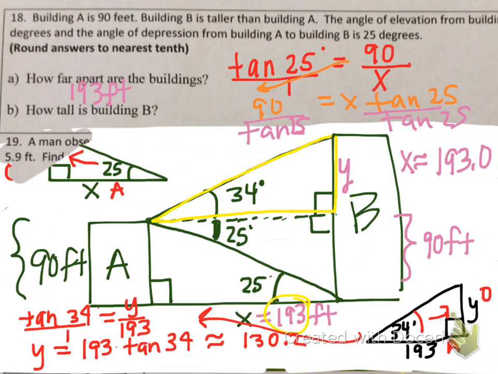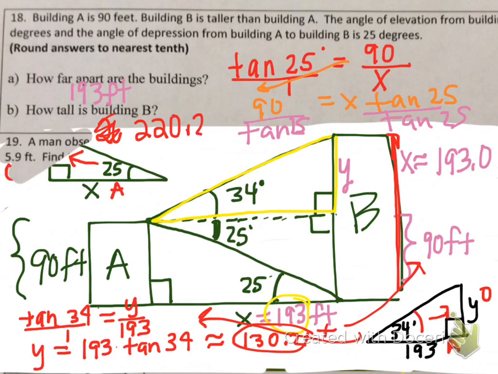So, in order to find the entire distance from top to bottom for building B, I would have to take that answer and add the 90 feet to it. So if I take 130.2 and add 90 to it, that would give me approximately 220.2 feet. So part B was approximately 220.2 feet.